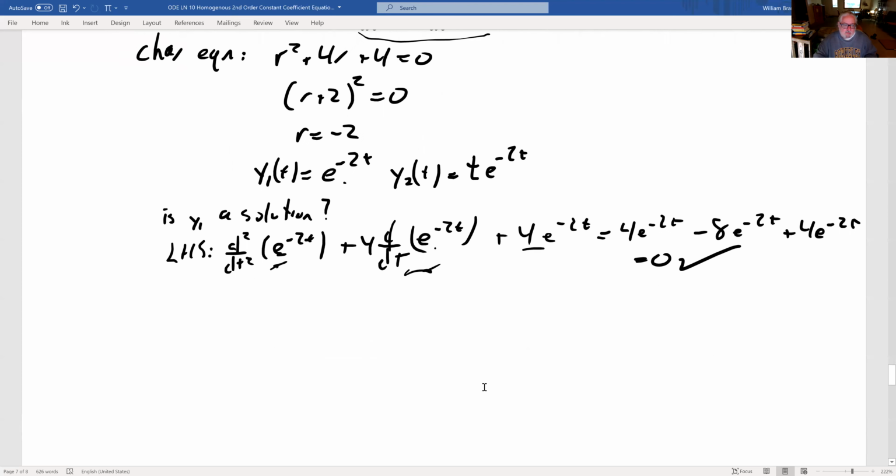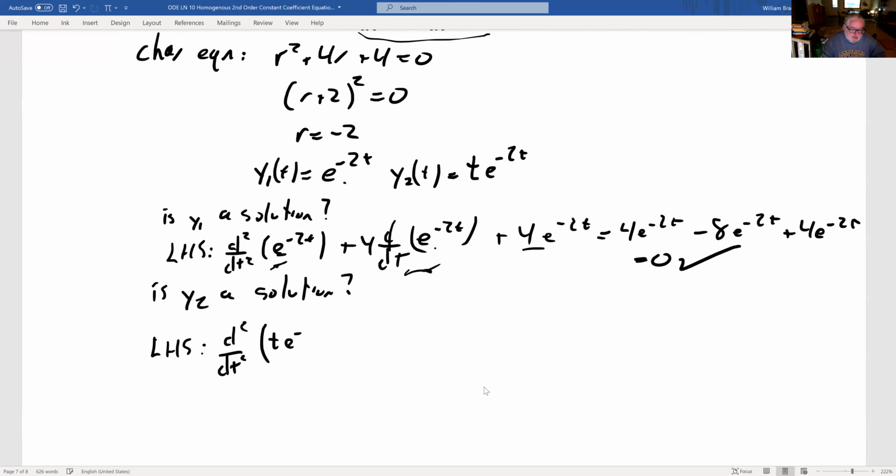What about y2? Well, left-hand side, d squared dt squared of t e to the minus 2t plus 4 d by dt of t e to the minus 2t plus 4 t e to the minus 2t.